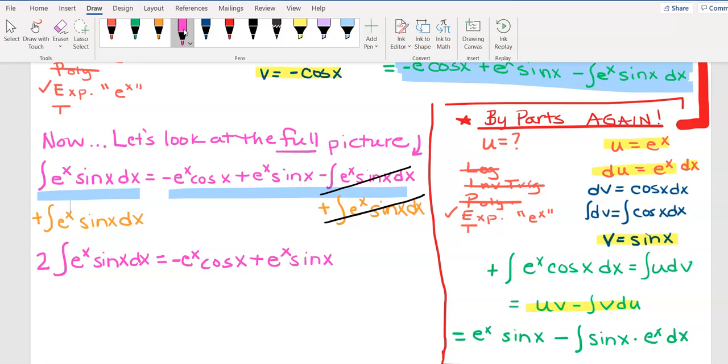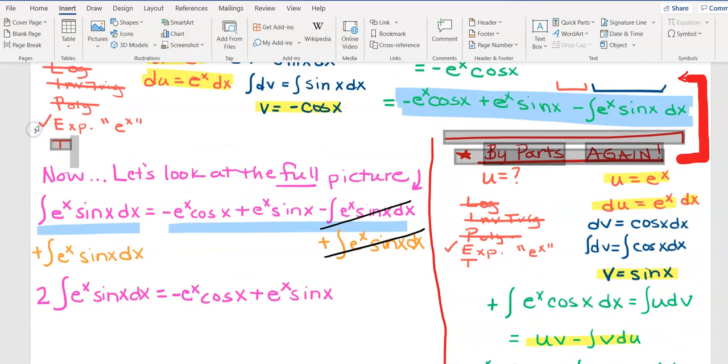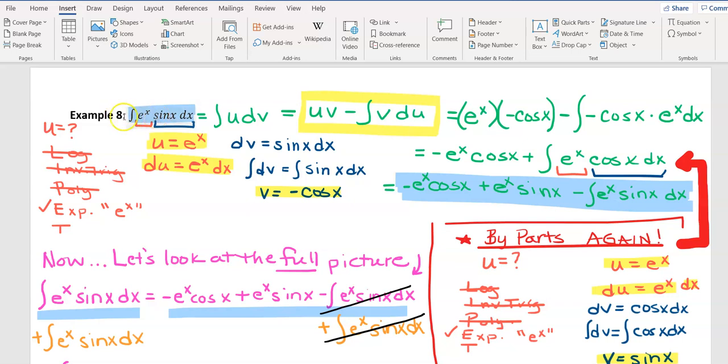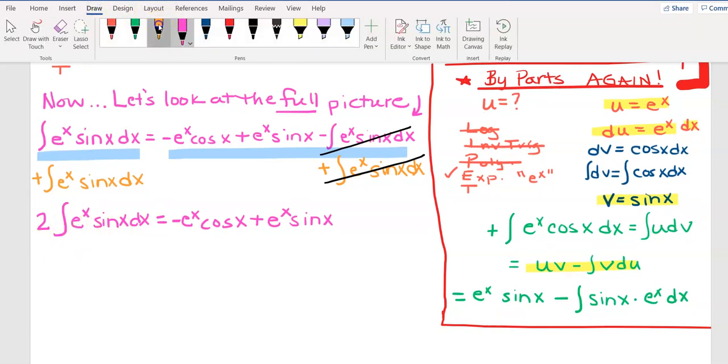Okay. Well, the original question isn't asking what the integral of 2 e to the x sine of x is. It wants to know what just one of them is. So if I take a moment and look back up here, I want to know what just one of them is, but currently I know what two of them are. So couldn't I just divide by 2, divide by that coefficient there, divide everything on the left and everything on the right by 2?